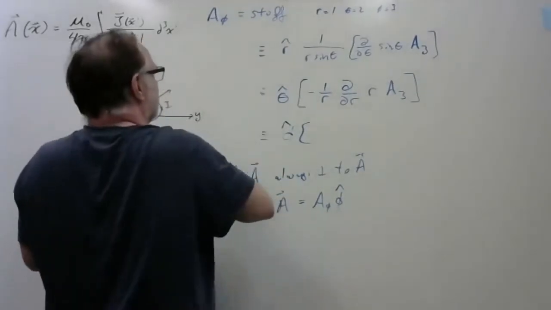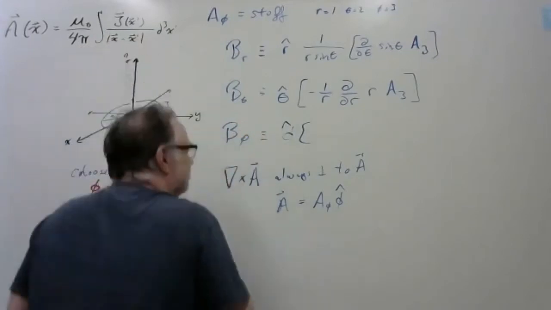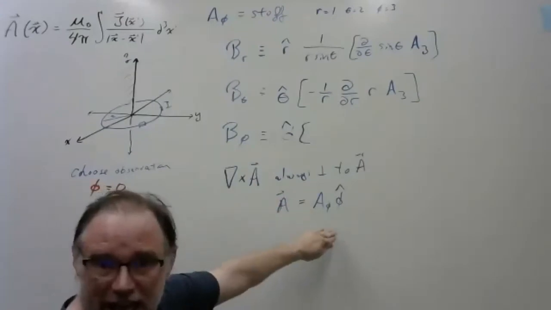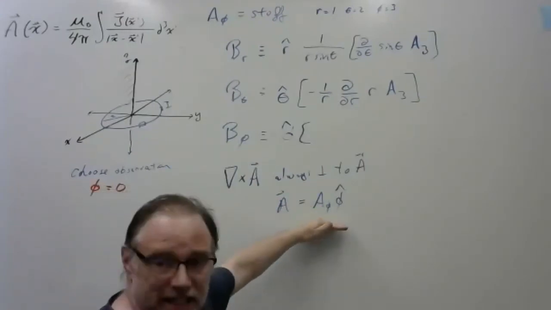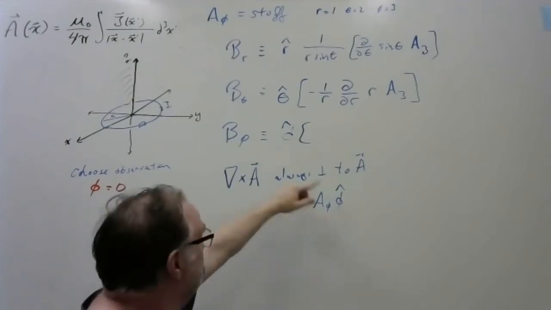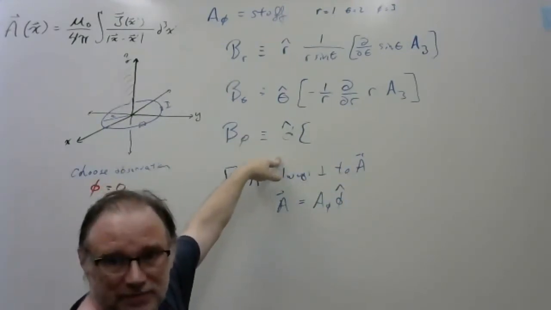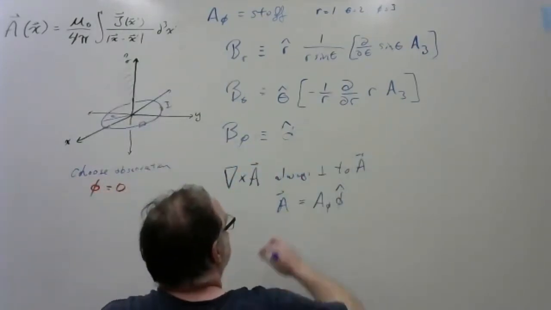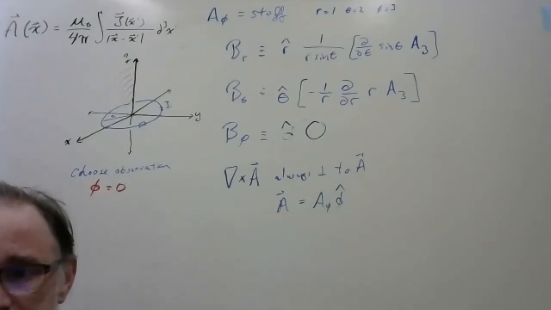Here, let me do this. This is BR, this is B theta, and this is B phi. This B has to be perpendicular to the A. Since A is in the phi direction, that component has to be 0. You can't have a component along the A vector. There is no B in the phi direction.